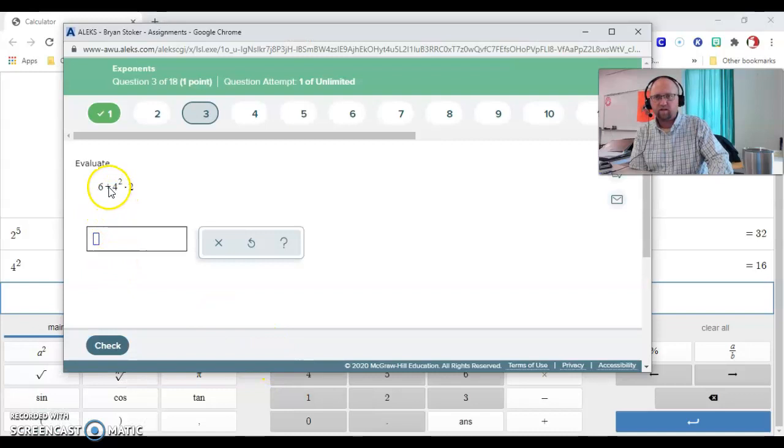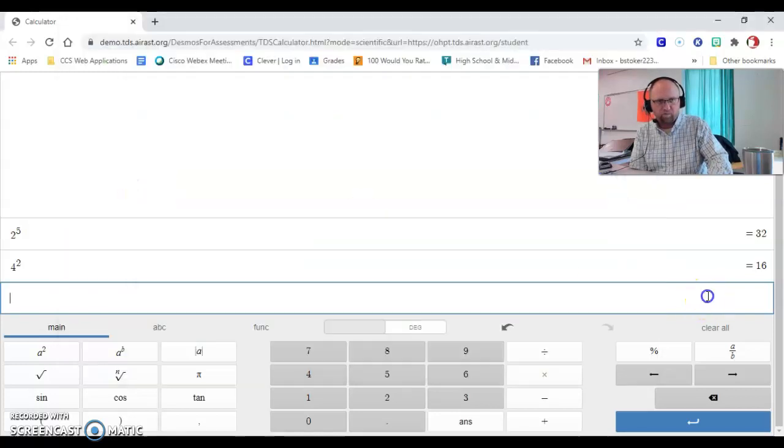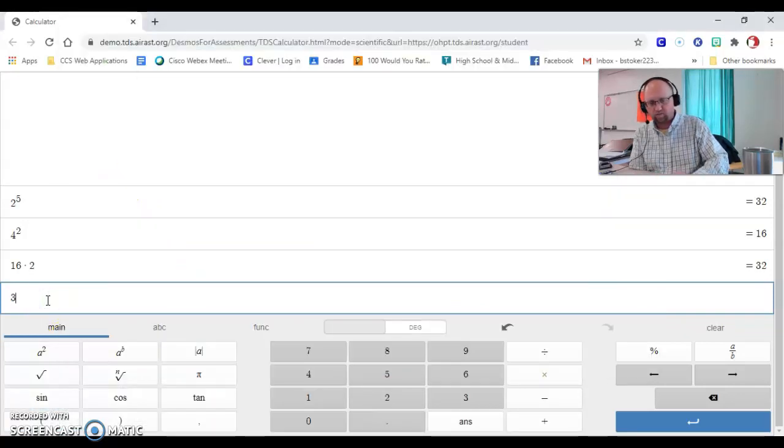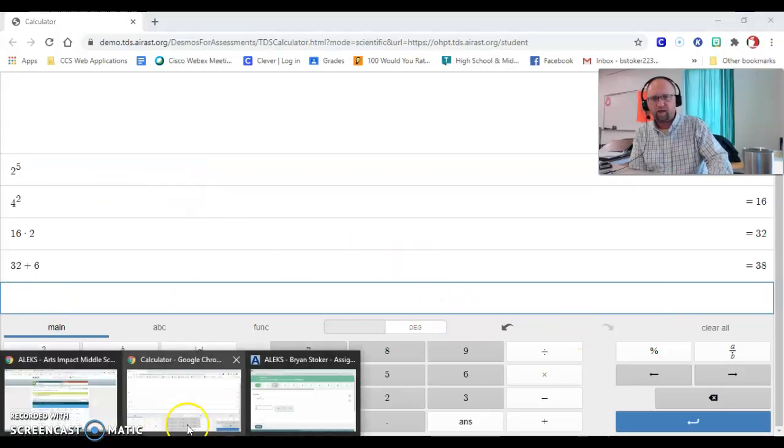I have to multiply 16, the value of 4 squared, by 2, and that is 16 times 2, which is 32. And then the last thing that I'm going to do is add 6 to 32. So I'm going to do 32 plus 6 and have an answer of 38.